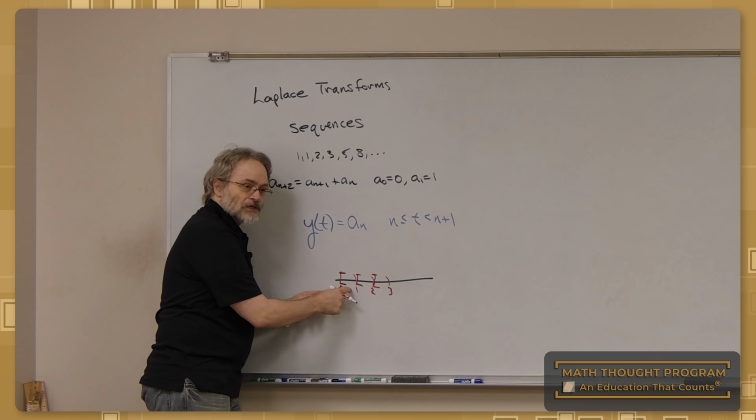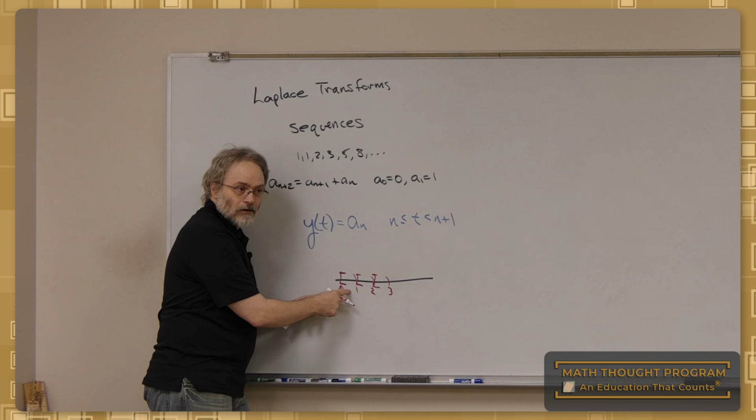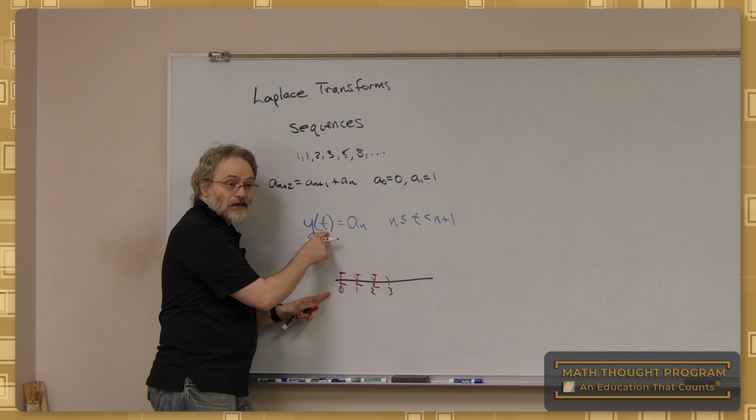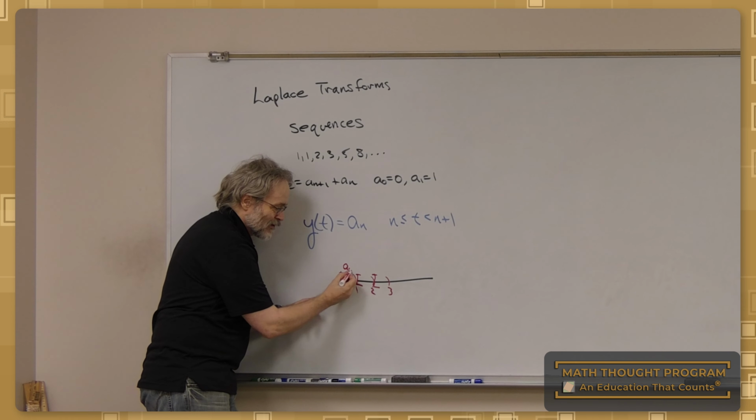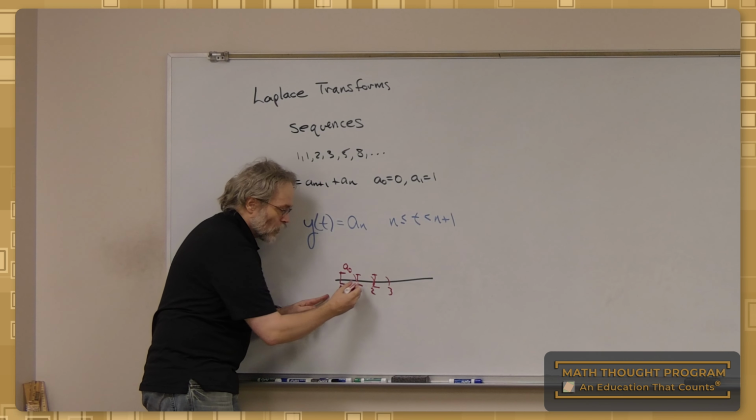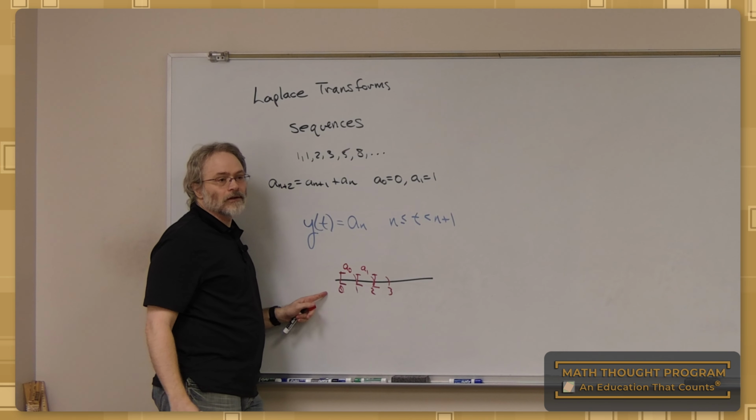And while you're on this region right here, the value of y sub t is going to be nothing more than a0. And right here it is going to be a1. And right here, a2, and so on and so forth.